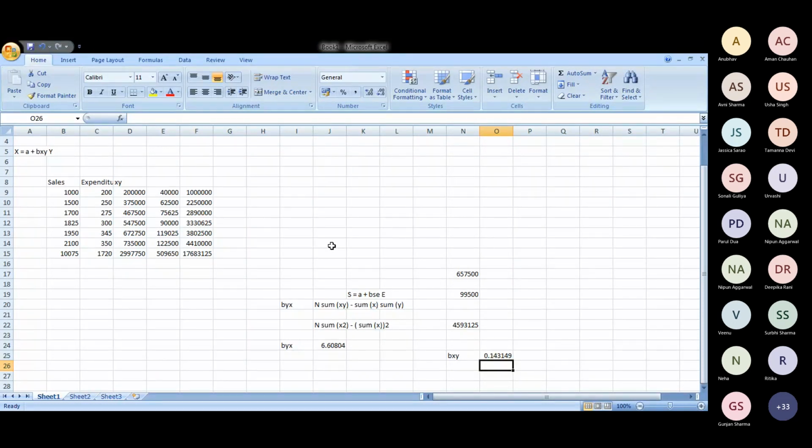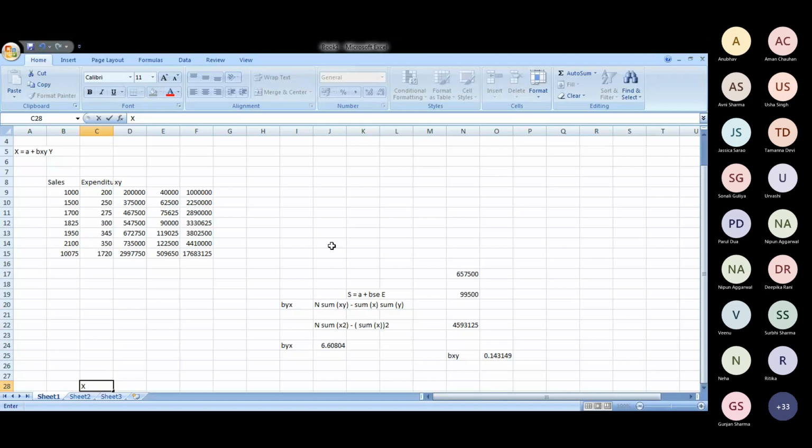Now we'll talk of the intercept. Here we have already calculated the value of bxy and byx. If we want to find the intercept, we can have this equation: x is equal to a plus bxy.